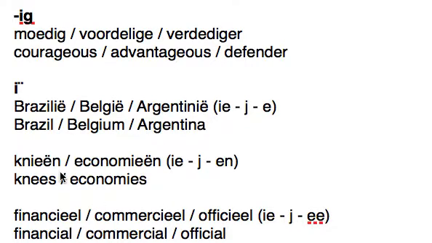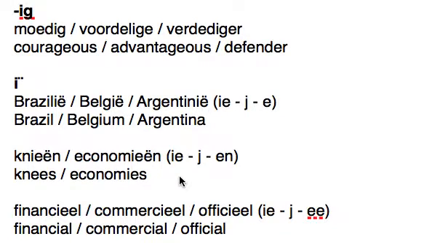So that's knieën, economieën. However, here, because the singular is with IE at the end, so economie, we're going to pronounce the IE a little longer. It should be a little bit more clear that it's the plural. So pay attention to that.